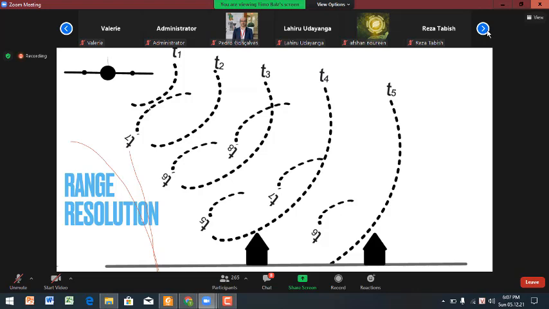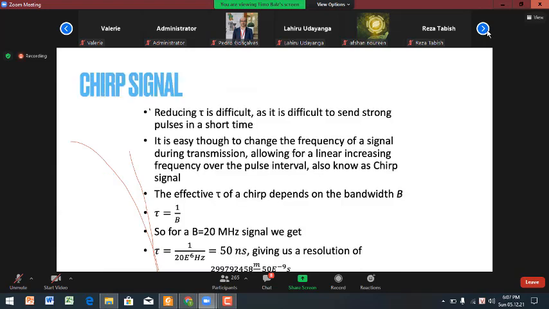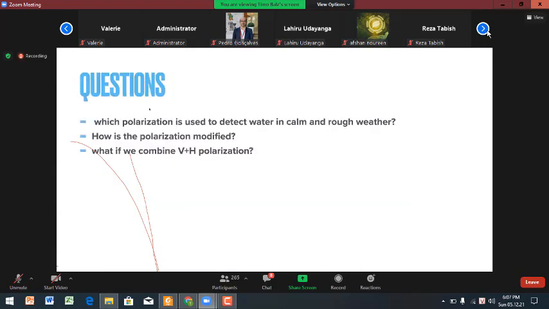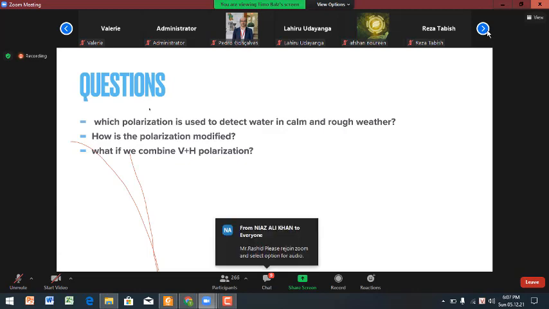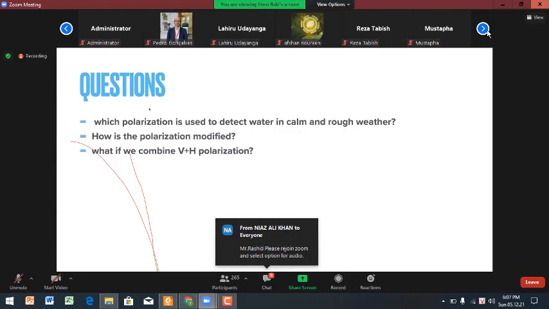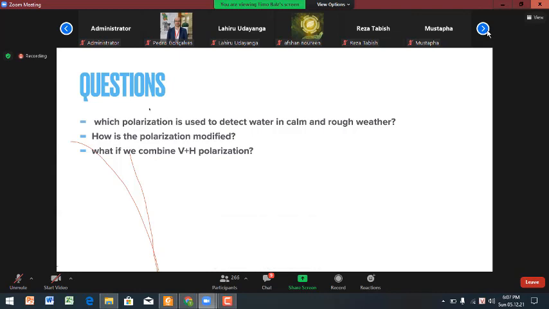Okay, now we have questions here on polarization. I put them together. Which polarization is used to detect water in calm and rough weather? How is the polarization method modified? And what if we combine vertical and horizontal polarization?